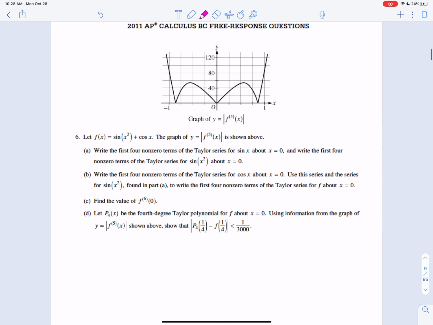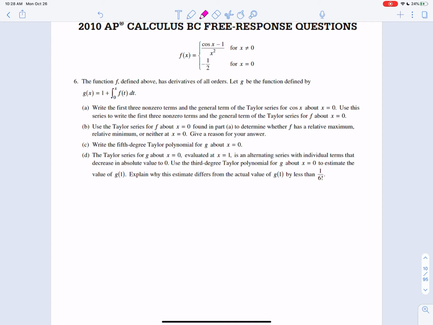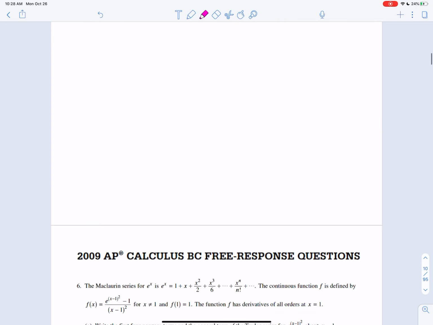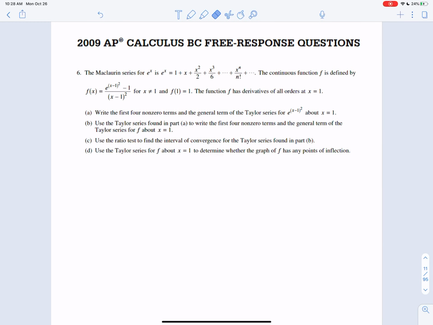I don't see any in 2011, 2010. I don't see any here. 2009. There you go. Use the ratio test to find the interval of convergence.